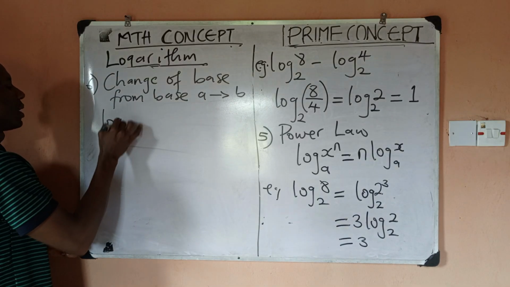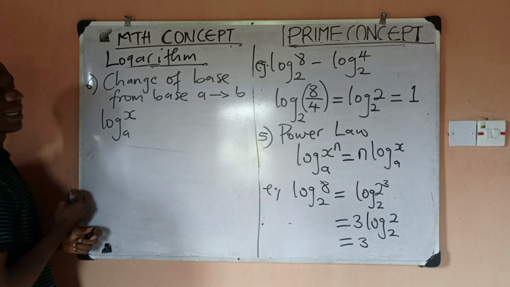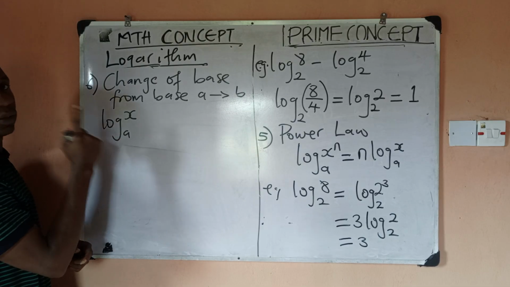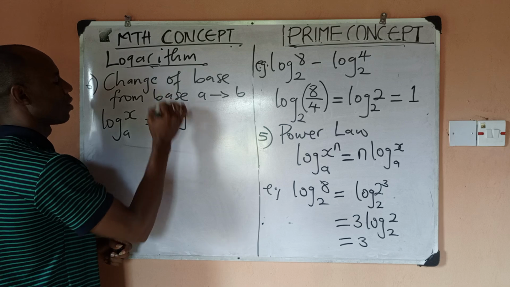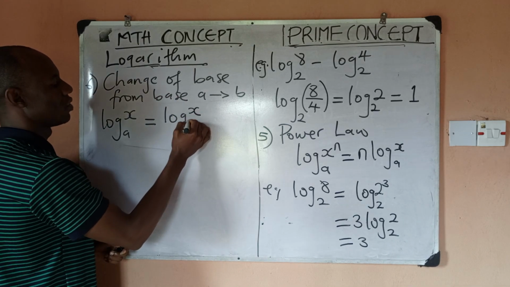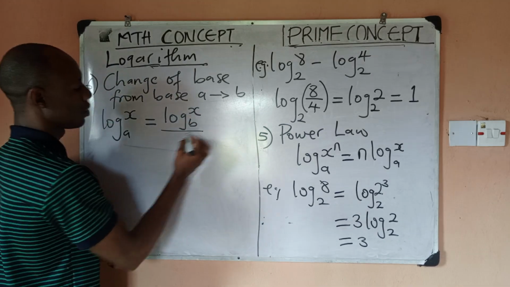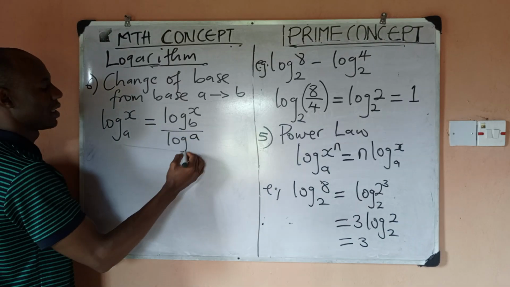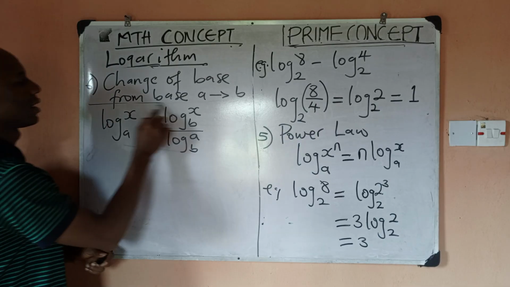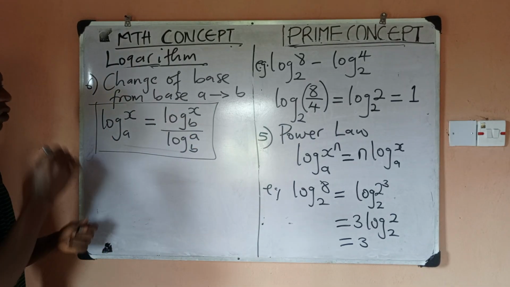Now we have log x base A, and I want to change this from base A to base B. This would be the same as saying log x to my new base B, all divided by log of my old base, which is A, to the new base B. So this is what we know as the change of base.